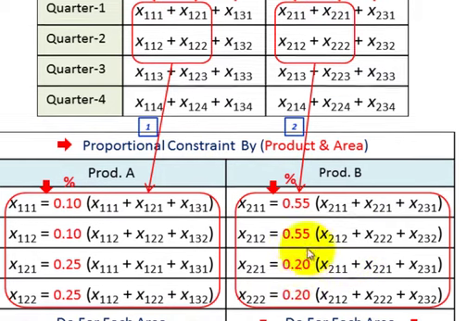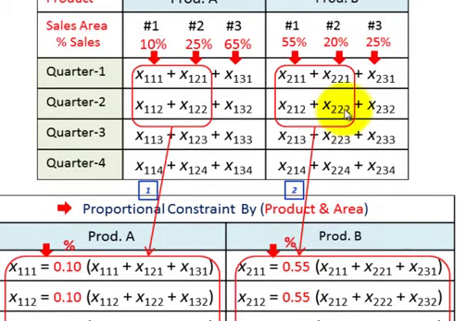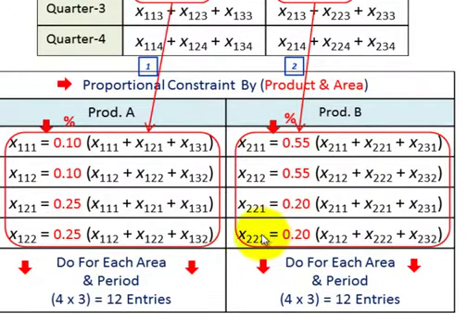And then finally, looking at X222, you're setting it equal to that 20% for sales area 2 times that entire row that it's sitting in. All right, so you see the pattern. Again, you'd have to do this for each of the areas in the periods, so you'd have 12 different entries. Between product A and product B, you're going to have 24 different constraints as we index them.